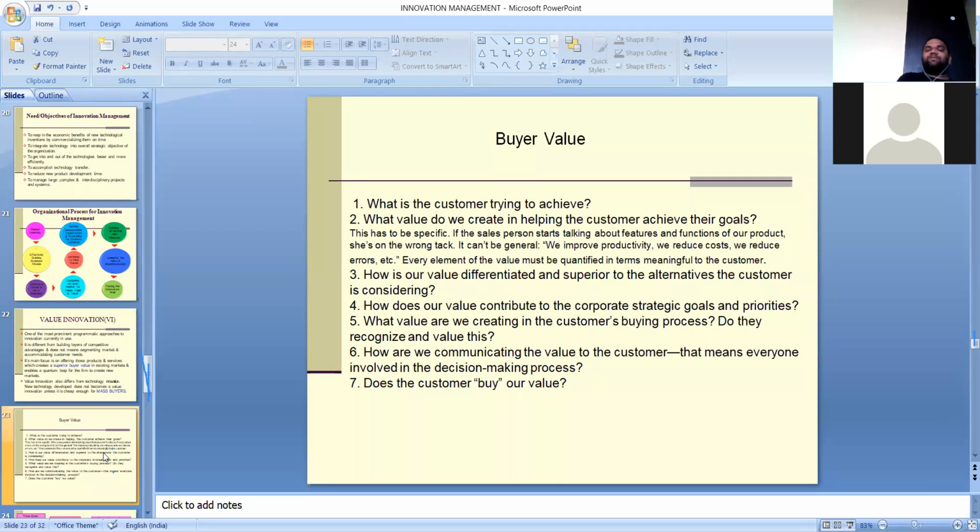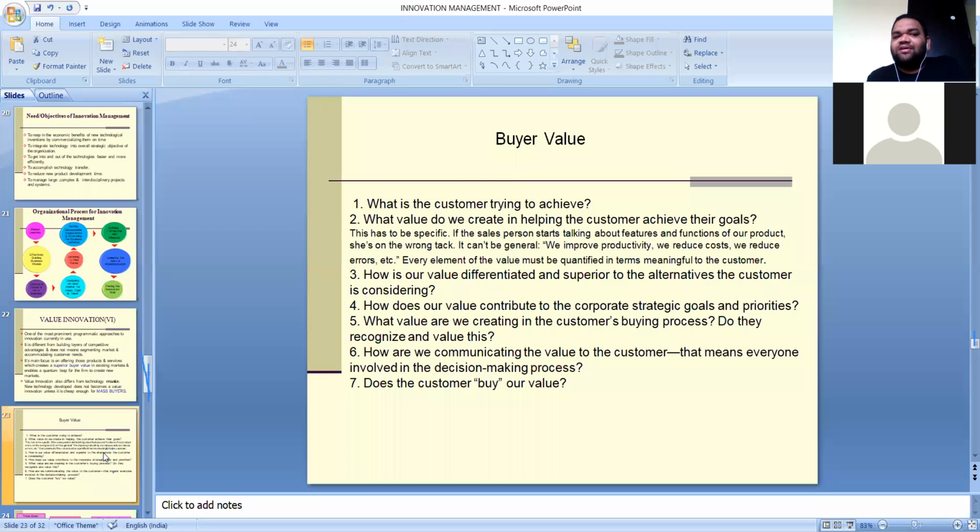Hope you understood the third point. Fourth, how does our value contribute to the corporate strategic goals and priorities? Next, what value are we creating in the customer's buying process? Do they recognize and value this? Sixth, how are we communicating the value to the customer, that means everyone involved in the decision making process? Does the customer buy our value?